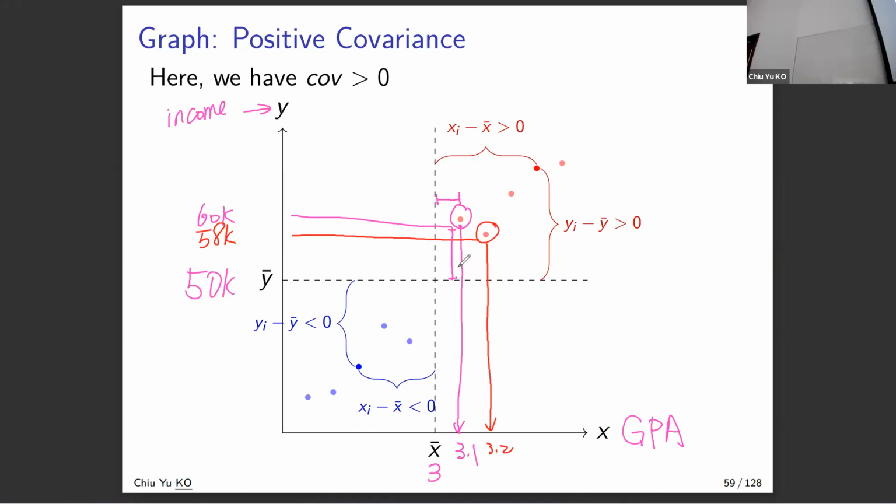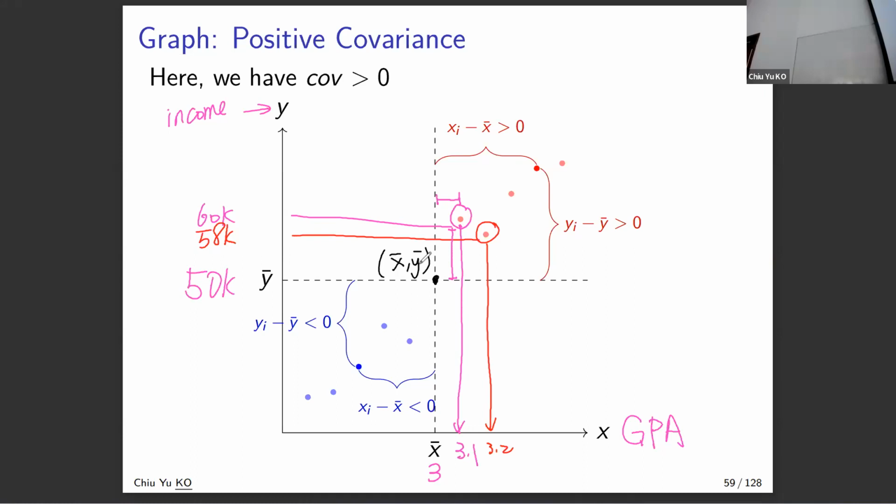And you can do the same, and you can see whenever the data is in the northeast part, then it's a positive multiplication, right? So remember this is the point where you have X bar, Y bar. Anything in the northeast part of X bar, Y bar, the product is going to be positive. And anything in the southwest part, the blue one, everything is negative too, and the product is positive.